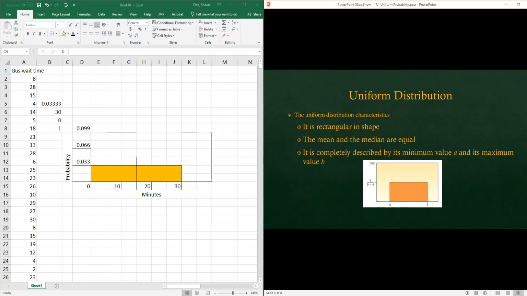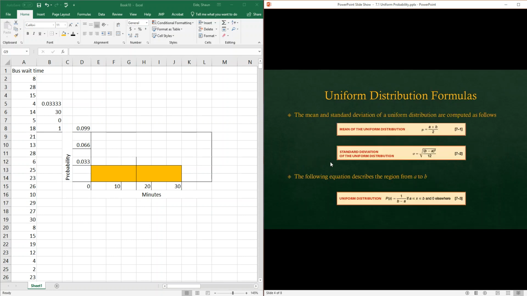Okay, and then on the y-axis, you see 1 divided by b minus a gives you the height for the y-axis, or the probability. Okay, so the mean of the uniform distribution is a plus b, divided by 2.